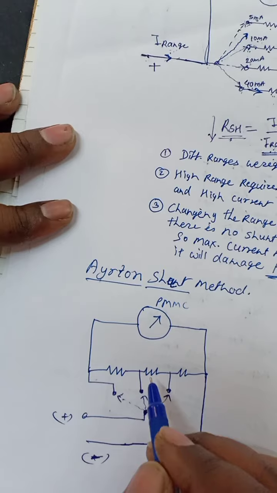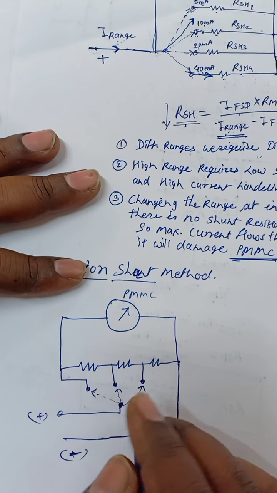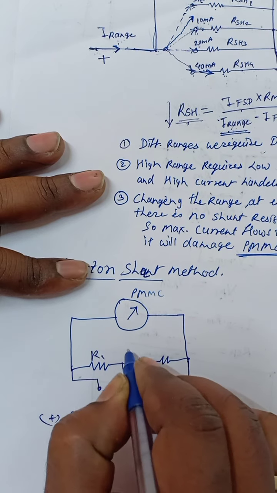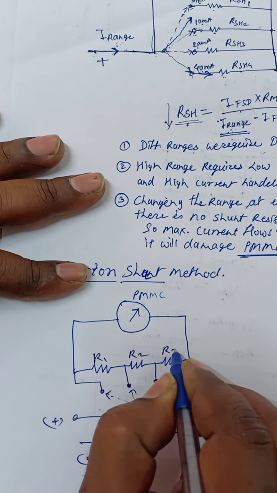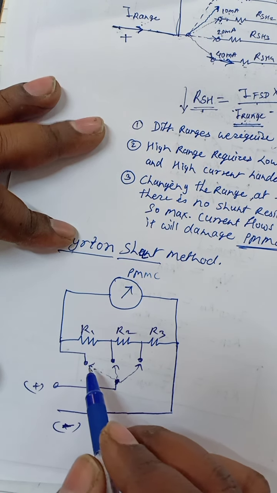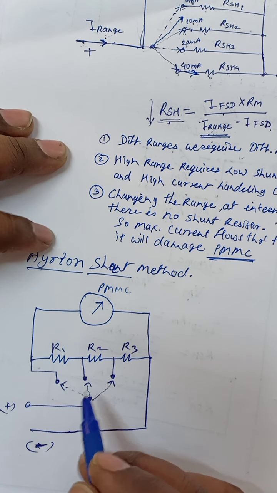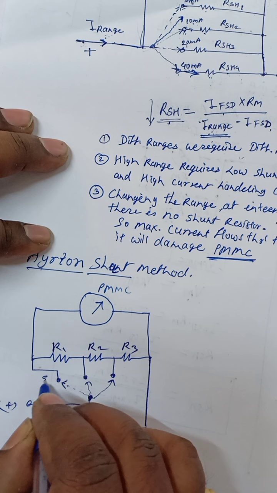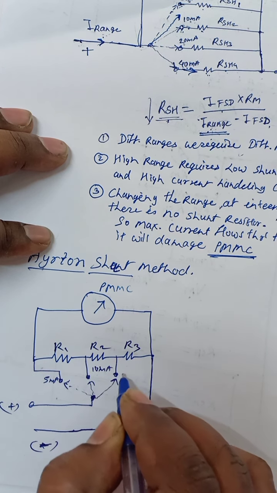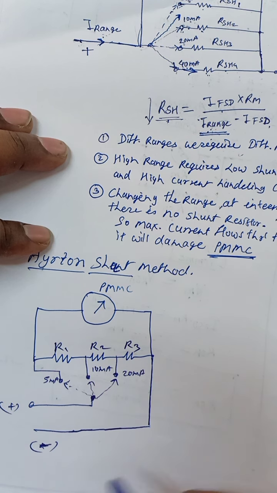So this is say R1, R2, R3. This is the first range. Suppose this is a 5 milliampere range, this is a 10 milliampere range, and this is a 20 milliampere range.